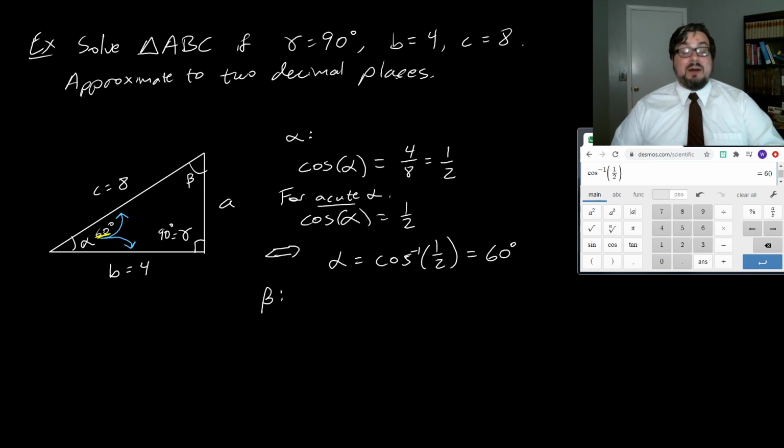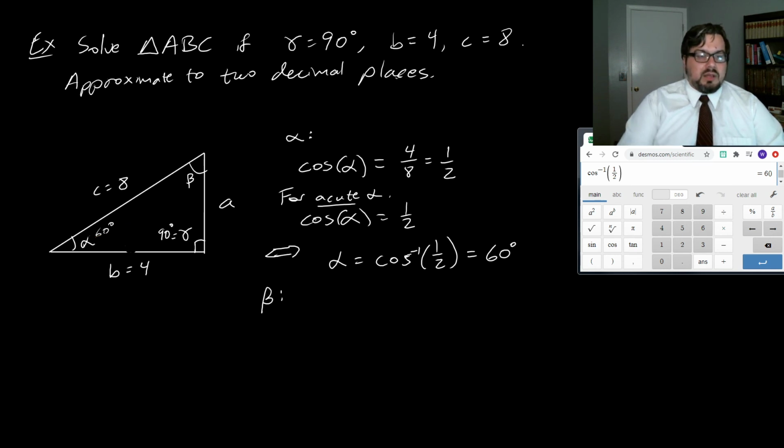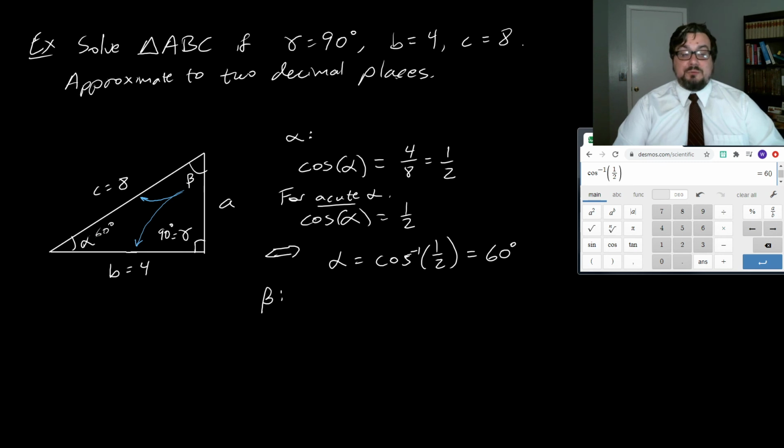So if we want to work out beta, we should really try to relate beta to the quantities that were given to us originally. And originally, the quantities were gamma, B, and C. So if we want to work out beta, we want a function that'll relate beta to the side with length 4, the opposite side to it, and the side with length 8, the hypotenuse.